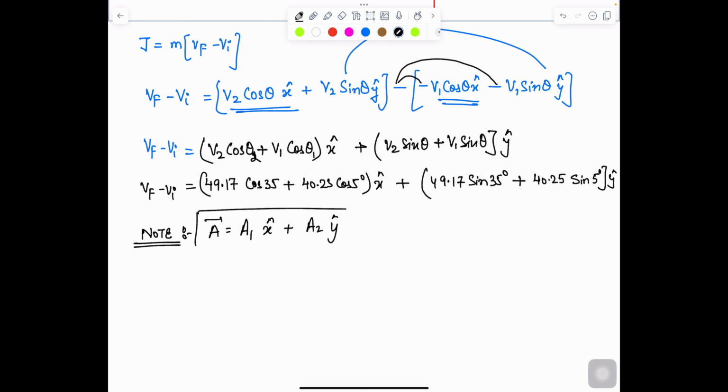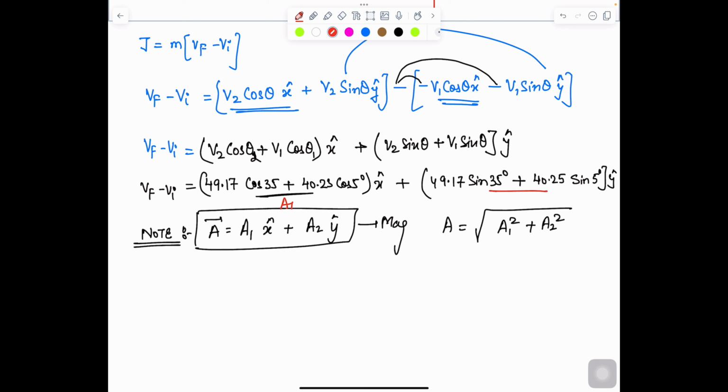How to find the magnitude? The magnitude A is equal to root of A1 squared plus A2 squared. This behaves like your A1 and this like your A2. So find the magnitude of Vf minus Vi, which is the root of the same values.